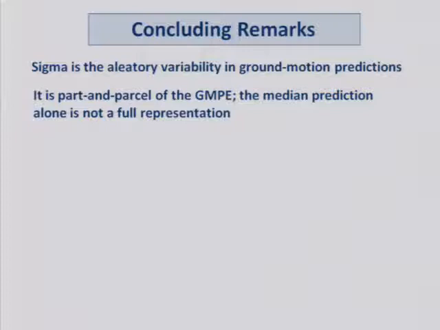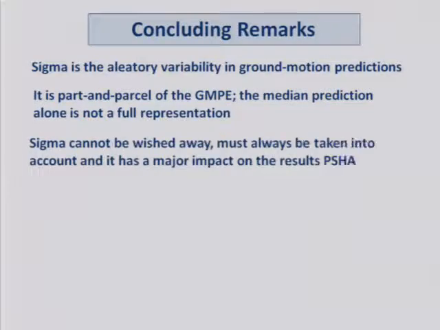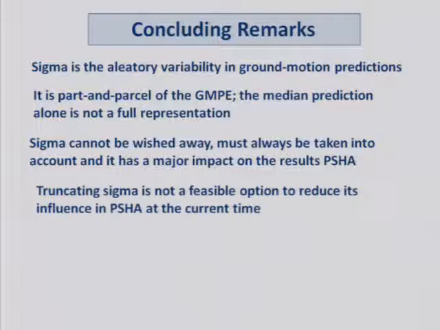We predict distributions of ground motion, not deterministic values. We can't wish sigma away, and I think most people now accept that. It's always got to be taken into account, and it has a very strong impact on PSHA. You could probably argue that it has a dominant influence in many senses.